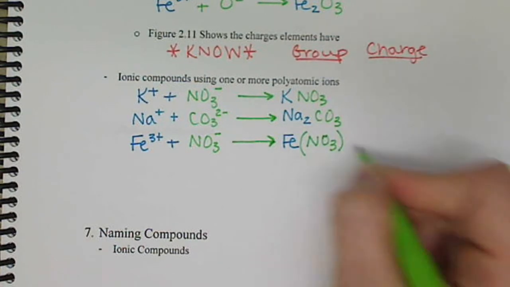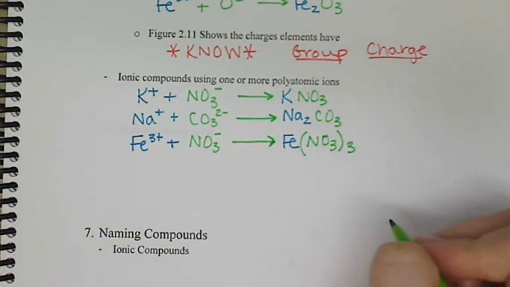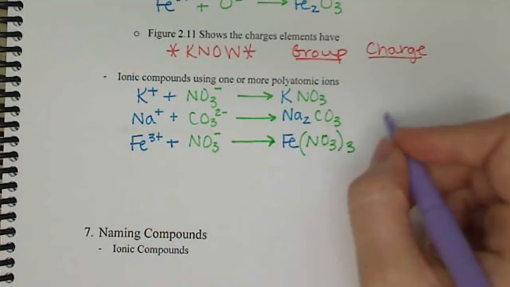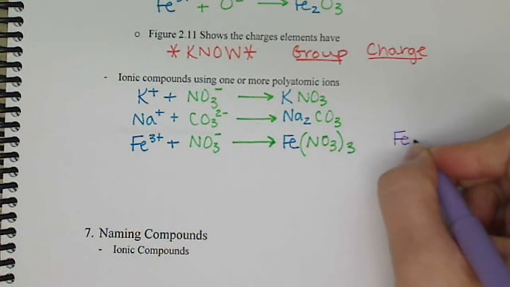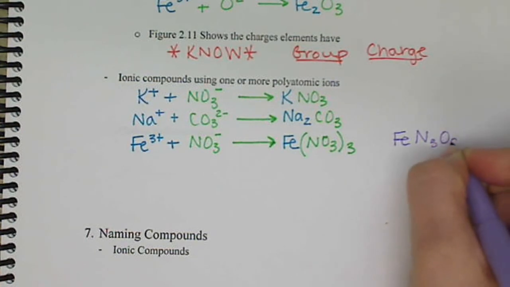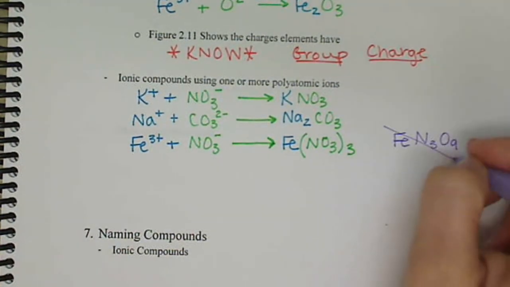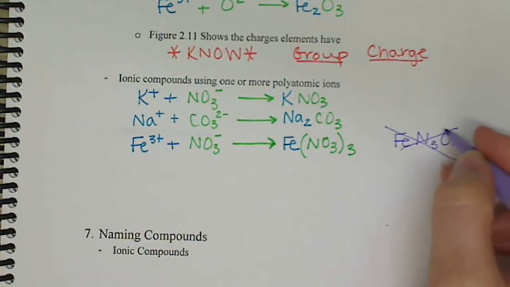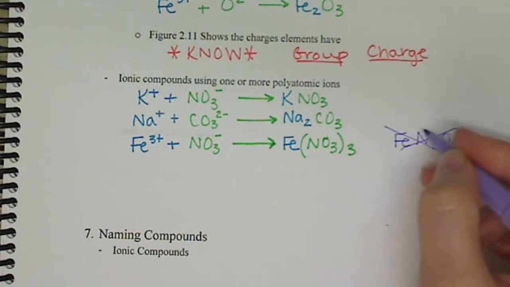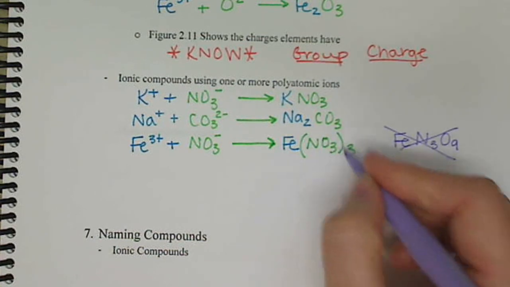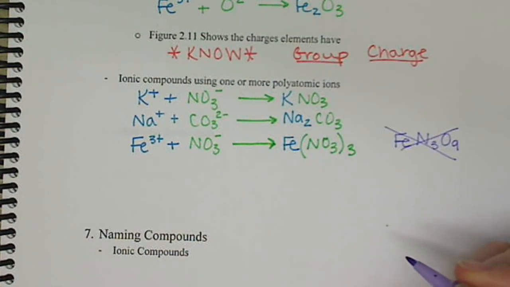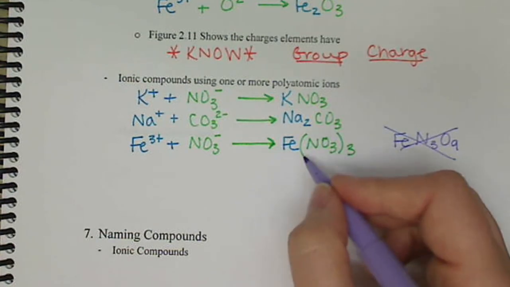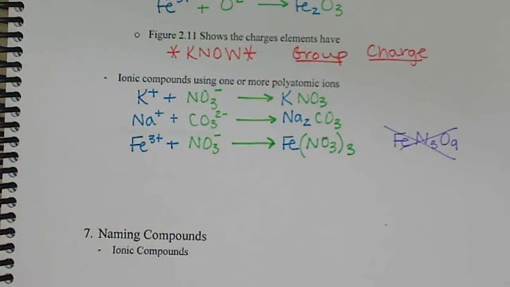So we put parentheses around them and the 3 on the outside. Sometimes people want to make the argument that you could write it this way, but this is incorrect in terms of formula because we want to show that this is 3 nitrates, not 3 nitrogens and 9 oxygens. So we always put our polyatomics in parentheses.